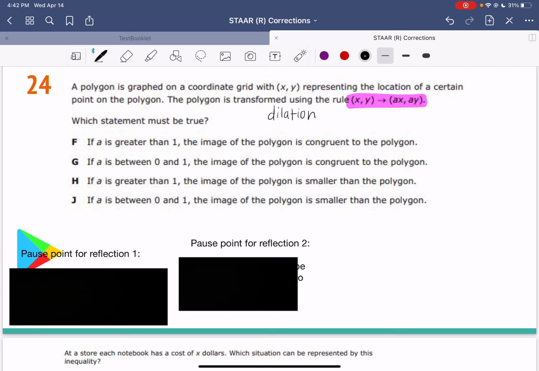Dilations are where the scale factor, which in this case is a, is multiplied by both the x and y coordinate, and here's my star.